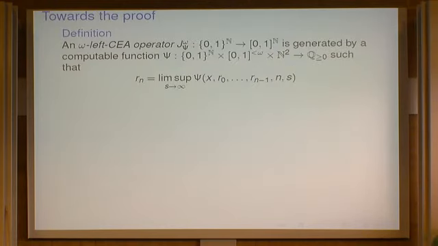So, to build the space, we use a slightly complicated notion from recursion theory, an omega-left-c.e. operator. The idea is that we have some computable function. We are building a sequence in the Hilbert cube by starting with some finite prefix of that sequence.